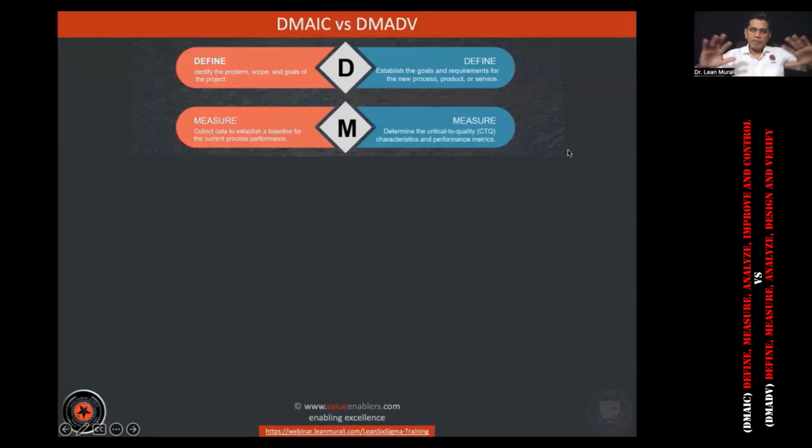The product is already performing at some quality level, and you collect the data to establish that baseline so that you write what your expected state is and then take the project through. Whereas here, you determine critical to quality characteristics and the performance metrics. CTQ is one of the chapters that we have done earlier. So we determine the CTQ, critical to quality, for the voice of the customer, characteristic, and the performance metrics, and you measure that.